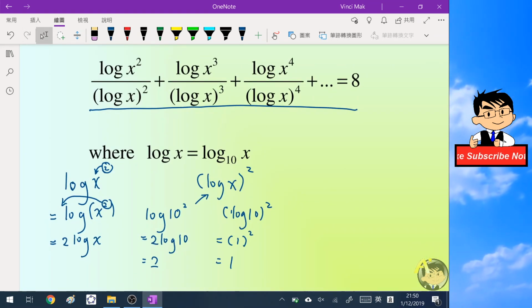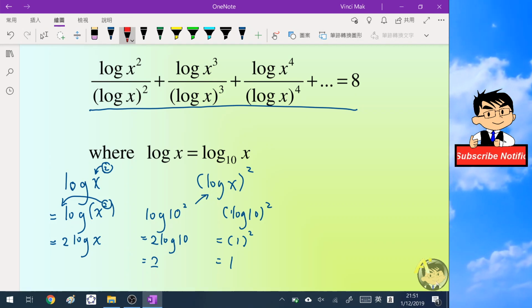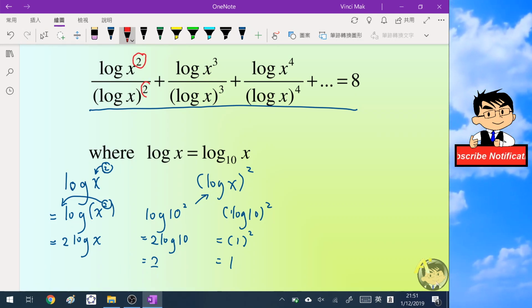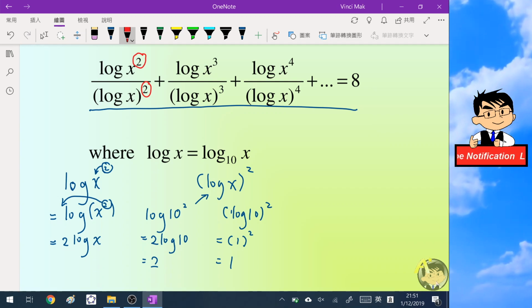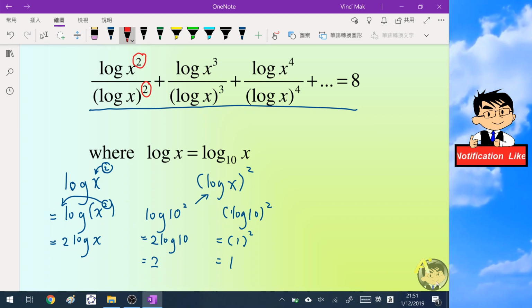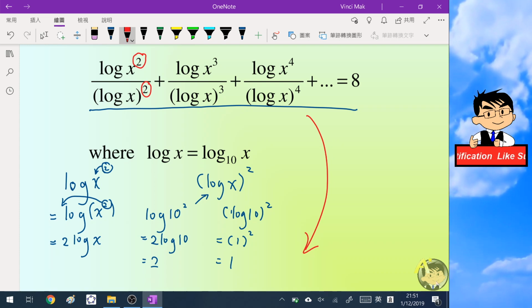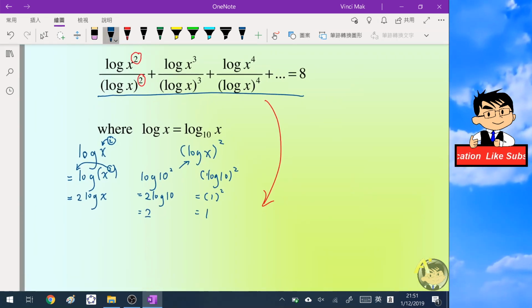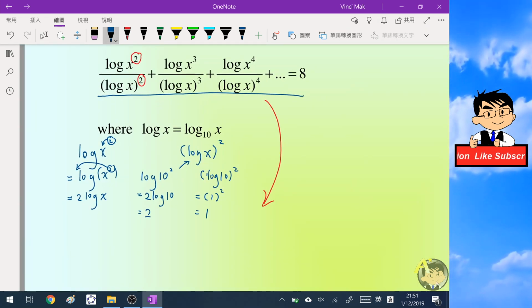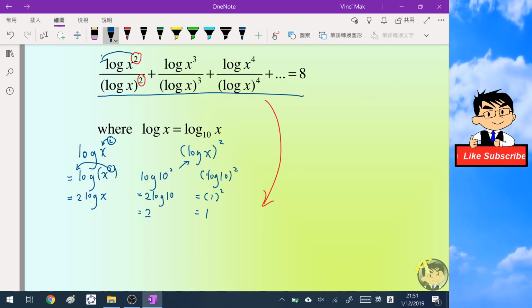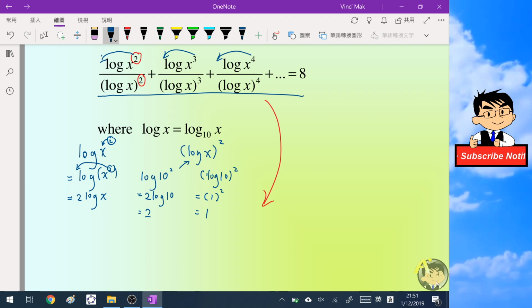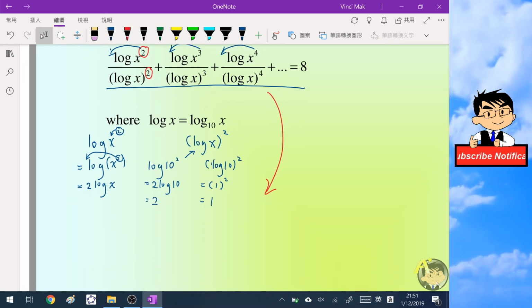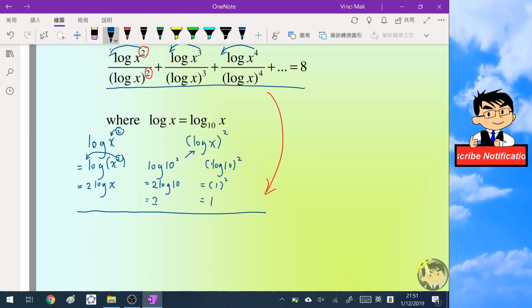Okay, then we need to solve this equation. As you can see, the power of each term is increasing, and of course the numerator and the denominator are different. So we try to simplify the equation a bit first. Notice that the numerator, the power can go to the front as a constant. So we put all the constants at the front first.